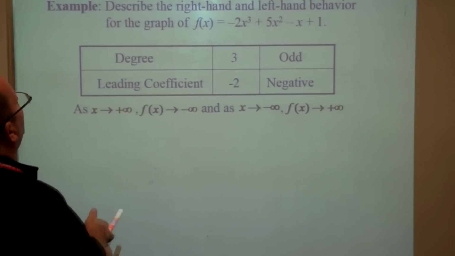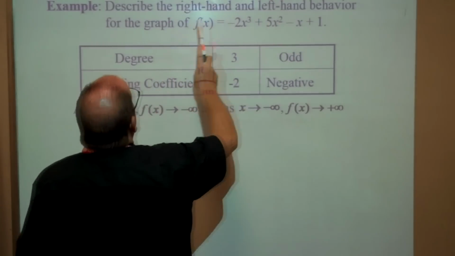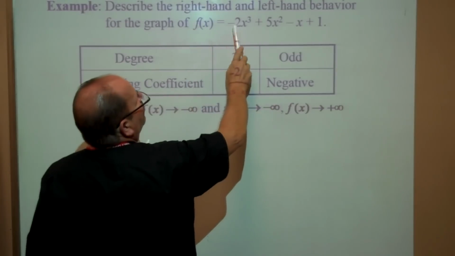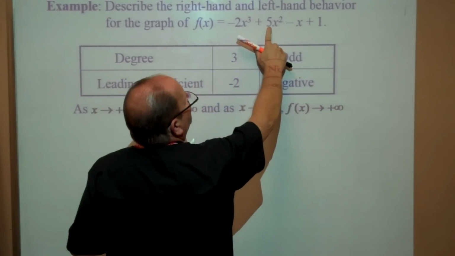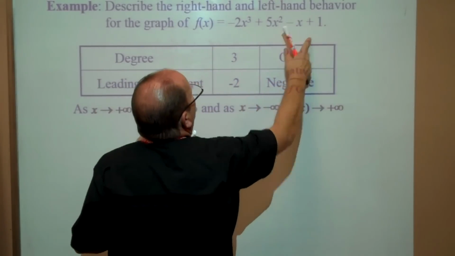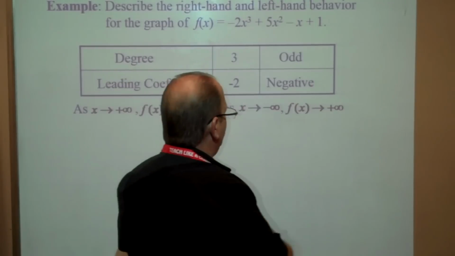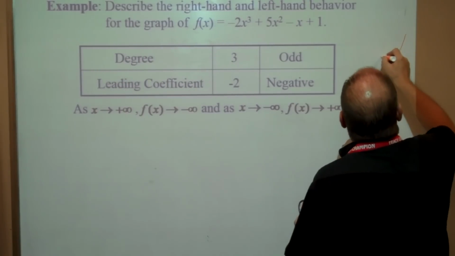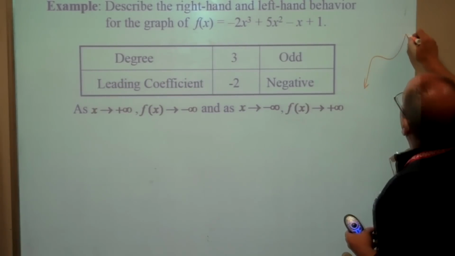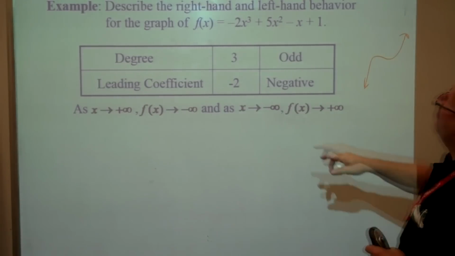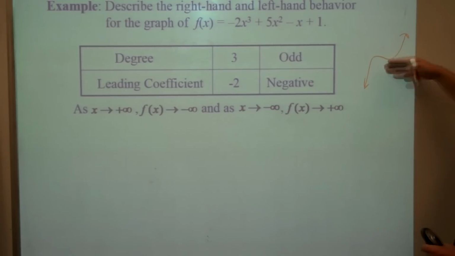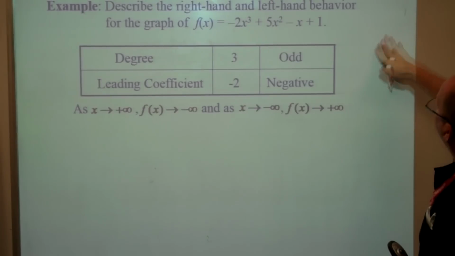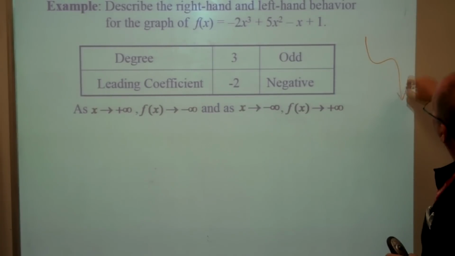Okay, so let's describe the right-hand and left-hand behavior for the graph of f of x equals negative 2x to the third plus 5x squared minus x plus 1. Well, we know if it was positive, it would look something like this. But because it's negative, we know that it's flipped. So it's going to look something like that.